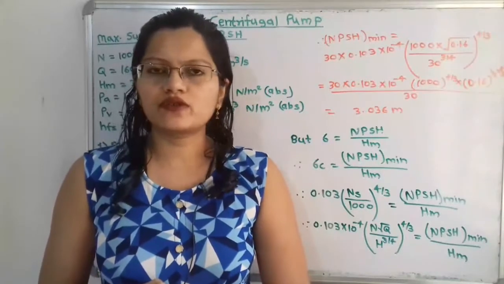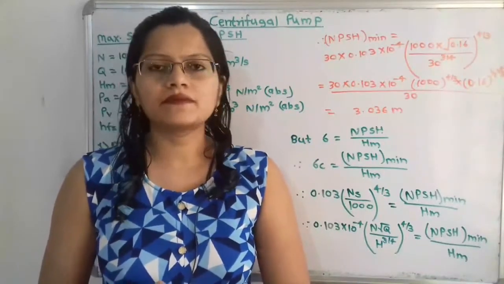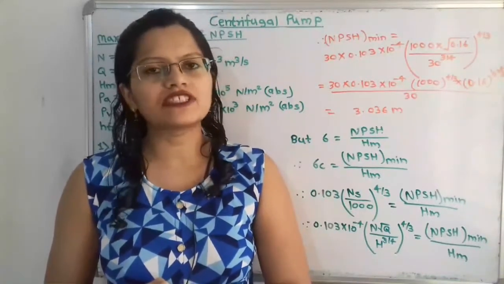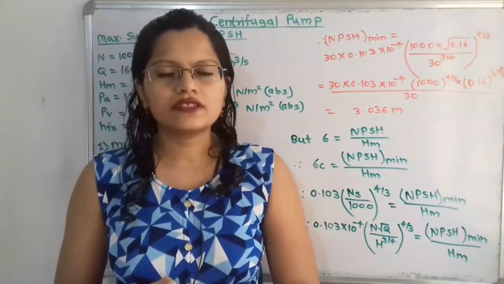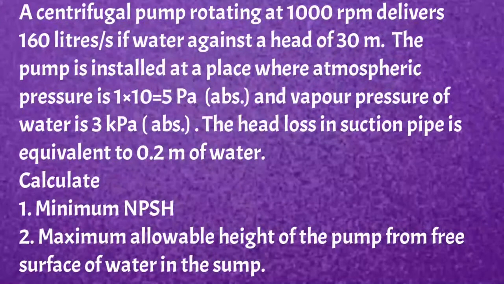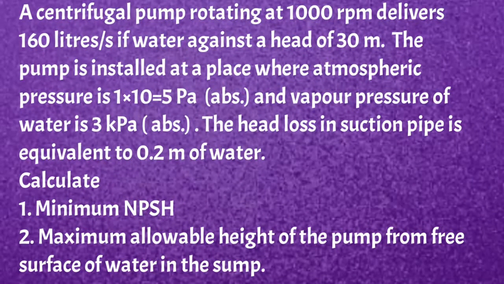Today we are going to solve a problem on maximum suction lift and net positive suction head for a centrifugal pump. So first I will read the given problem. A centrifugal pump rotating at 1000 rpm delivers 160 liters per second of water against a head of 30 meters.